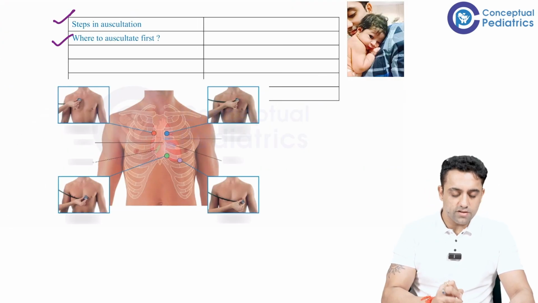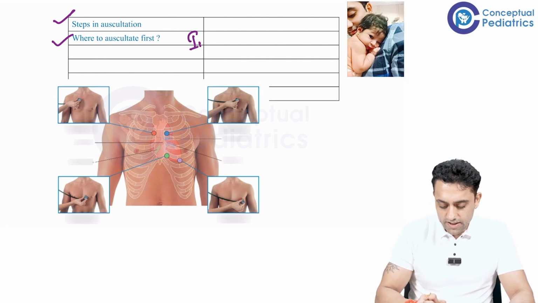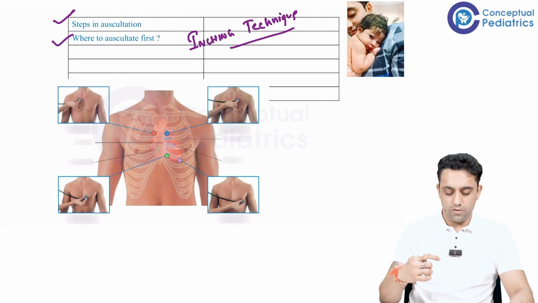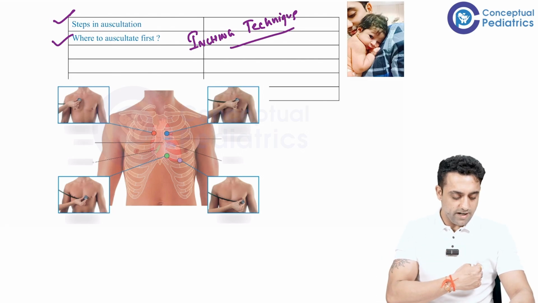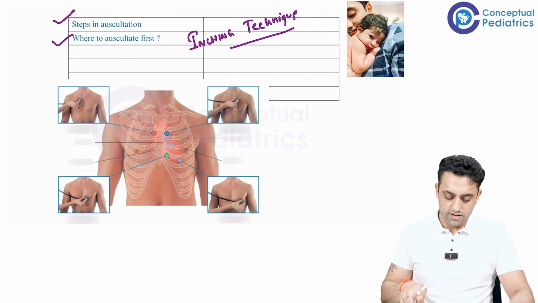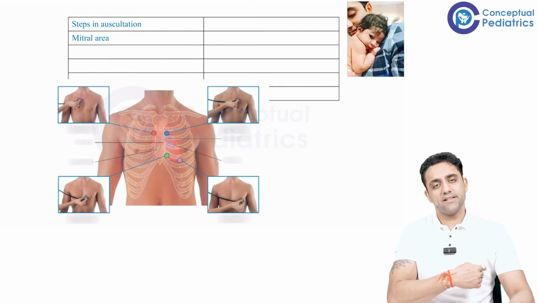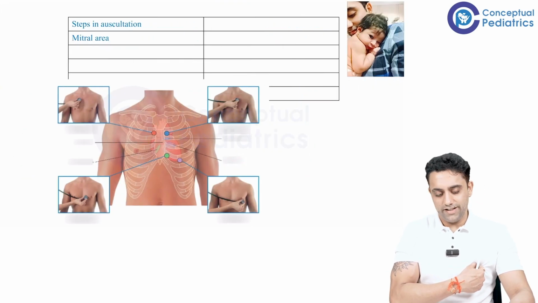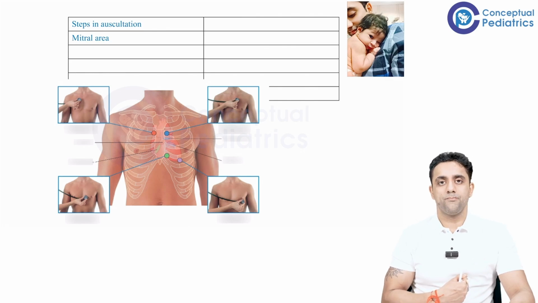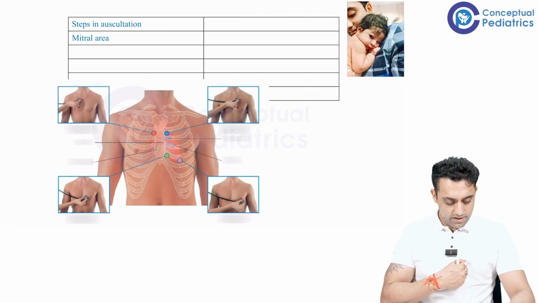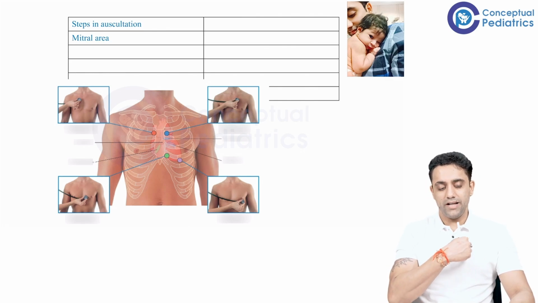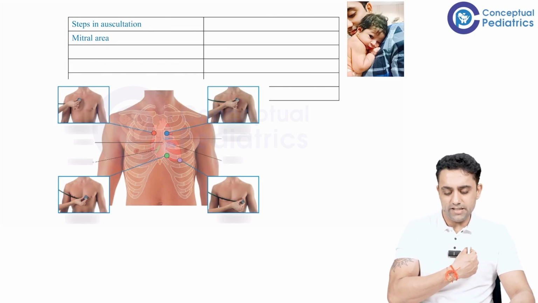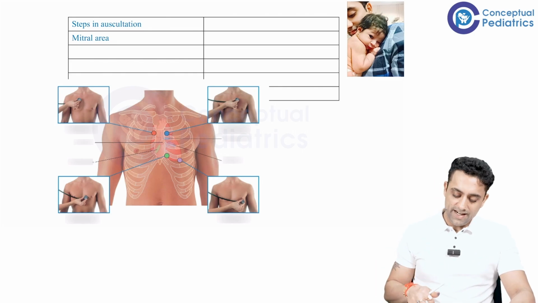Now, where to auscultate? There is something known as the inching technique. Sir, you told the main four areas, aortic, pulmonary, mitral, tricuspid, which one should I touch first? First is mitral, the apex. You auscultate the mitral area, then go 1 inch down to the tricuspid area, then 1 inch up to the left second intercostal space, and 1 inch across to the right second intercostal space.